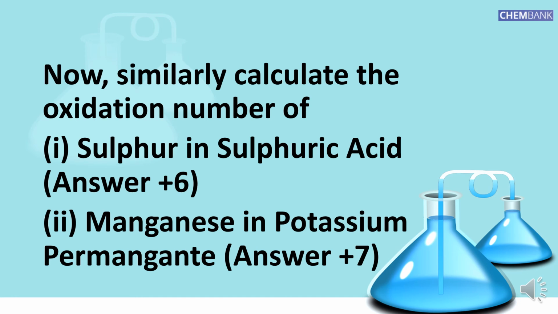Now calculate the oxidation number of manganese in potassium permanganate, which is KMnO4. Take potassium as +1, take manganese as X, take oxygen as -2, and do the calculations yourself. You will get the oxidation number of manganese as +7.